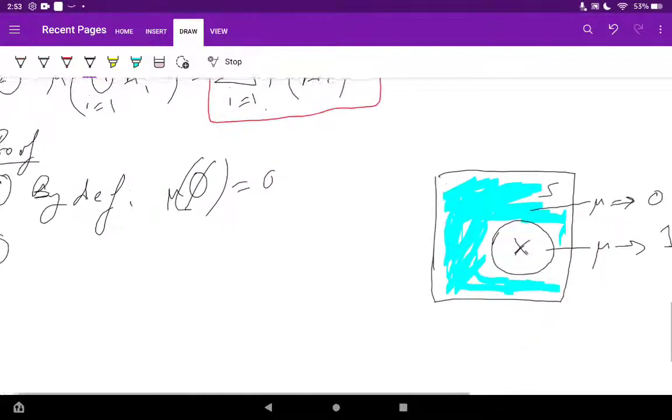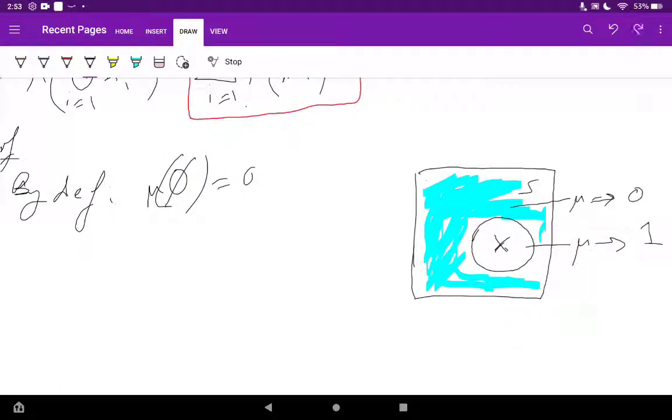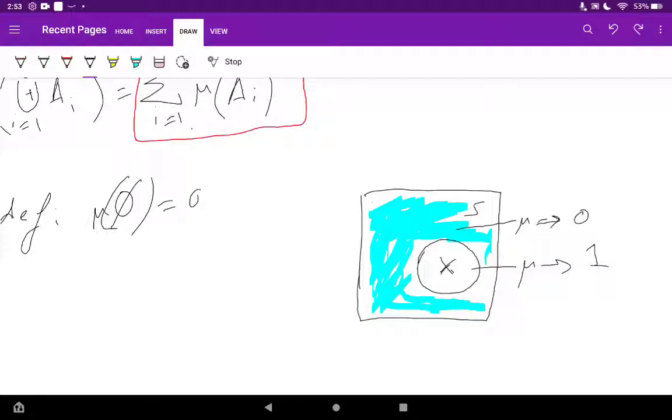So if you understand what's going on here, it means that to prove this is countably additive, I have to show that no matter what points I take in this sigma algebra, I will always end up with 1, because you can take 1 point from X, you still get 1, but if you take a million points from the blue shaded area, it will be 0. It doesn't make any difference.